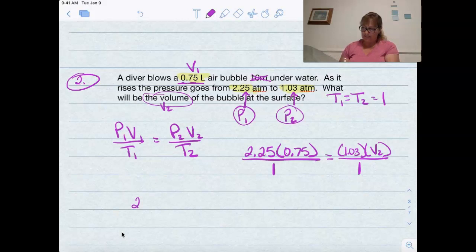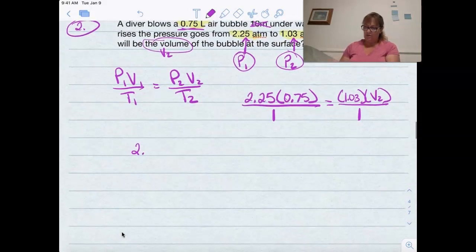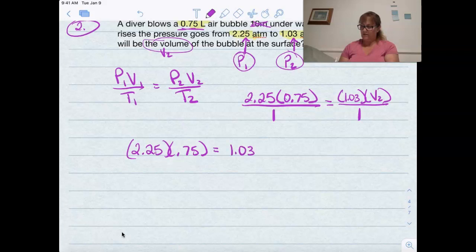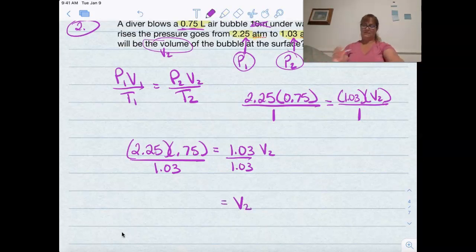So really this gives us 2.25 times 0.75 equals 1.03 V2. Divide by 1.03, and you find out, not V3, V2 equals, let's find out.